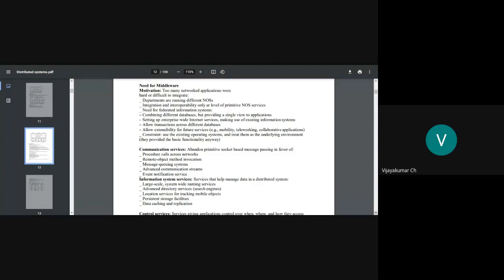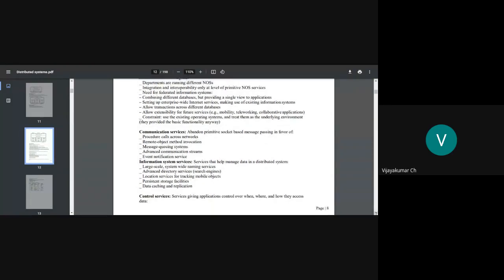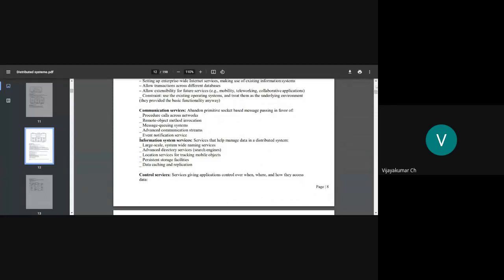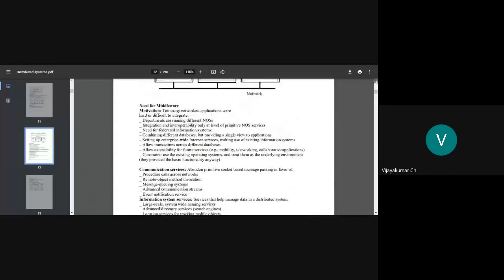There is a need for federated information systems, combining different databases, setting up enterprise-wide internet services, allowing transactions across different databases, and allowing extensibility for future services. There should be a constraint to use the existing operating systems and treat them as the underlying environment, as they provide the basic functionality anyway. These are the main things of distributed systems.